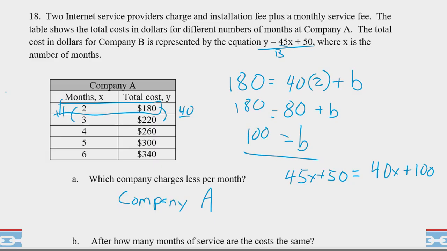If I move all the x's to the left, subtract 40x from both sides, I get 5x. If I push the startup costs to the right, subtracting 50 from both sides, so x equals 10. So after 10 months, at exactly 10 months, the two companies cost the same amount of money over those 10 months.